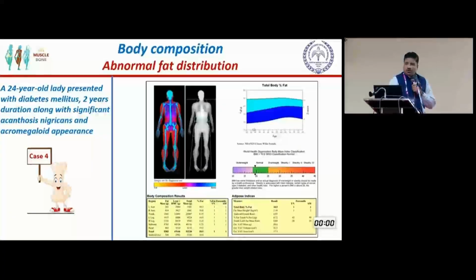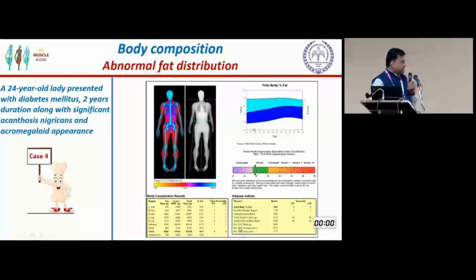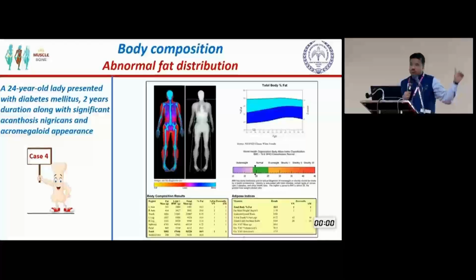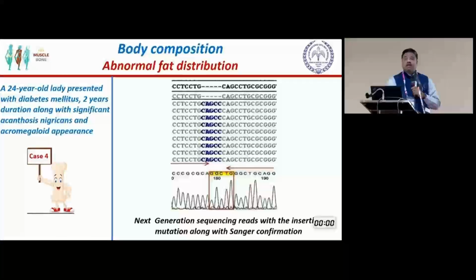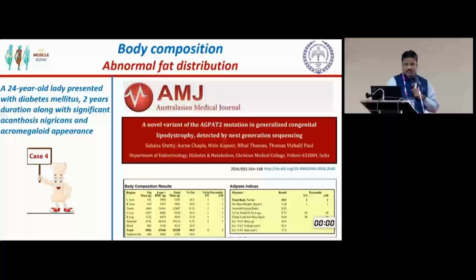One look at the body composition report, if we just focus on the regional fat parameters, the distribution of fat in the appendicular region, you see everything is just at the 1st percentile. This is complete lipodystrophy. This was a genetically proven case, but we have acquired lipodystrophy, which is more common in clinical practice, especially in patients who are on highly active antiretroviral therapy for HIV and some other drugs as well.